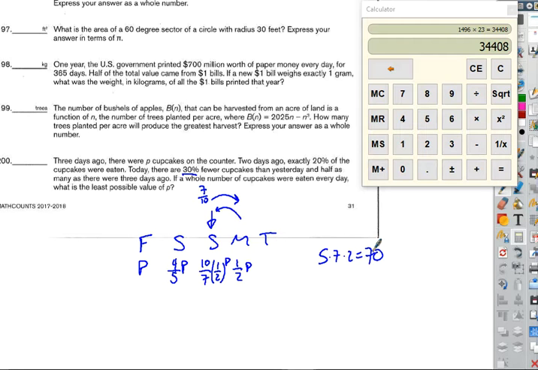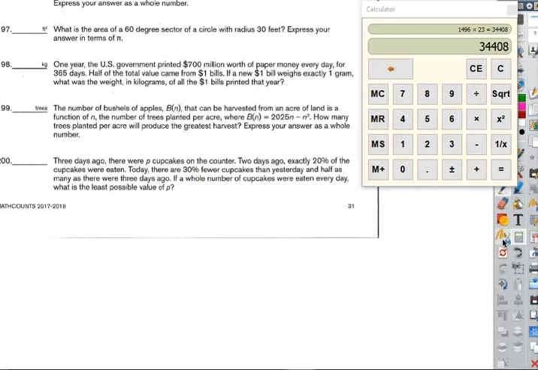But this is how I did it. So what I did is I took what it said. It said exactly 20%. And so when it says 20%, that means that 4/5 remain. And then it goes on 30%, which means what remains? 7 out of 10 is remaining.